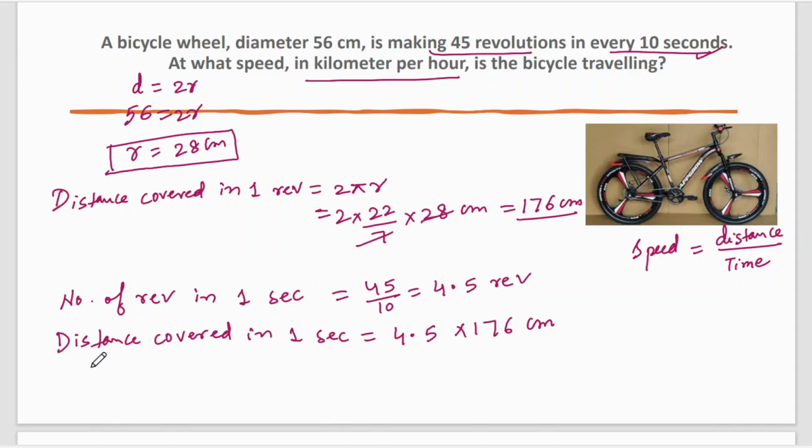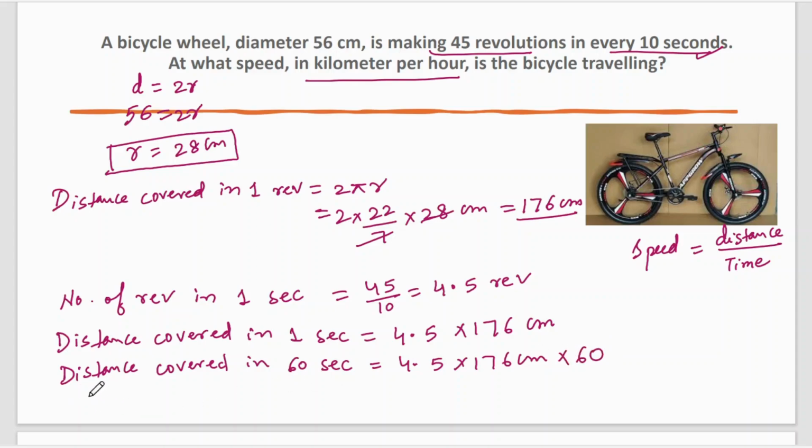So now if I ask you how much distance they will cover in 60 seconds, it is 4.5 into 176 centimeter in 1 second, so in 60 seconds you multiply it by 60.